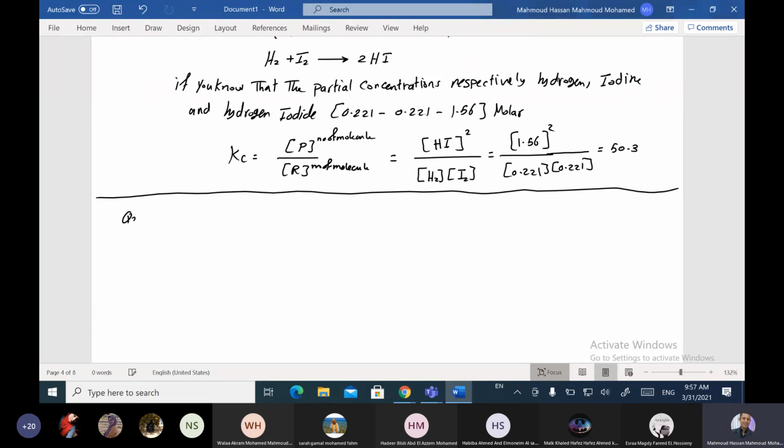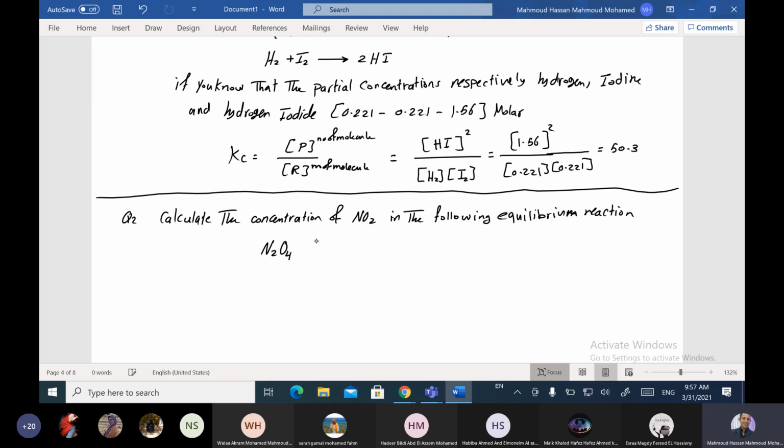Calculate the concentration of NO2 in the following equilibrium reaction: N2O4 gives 2 NO2.